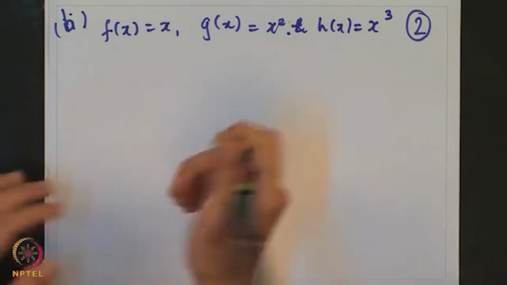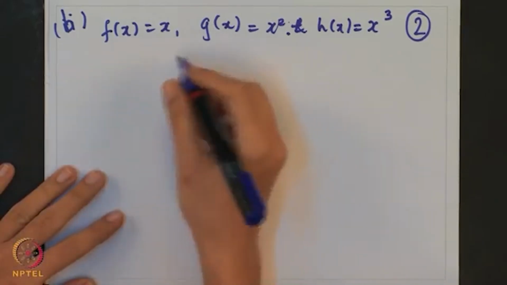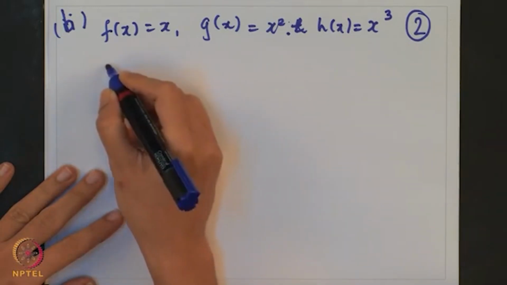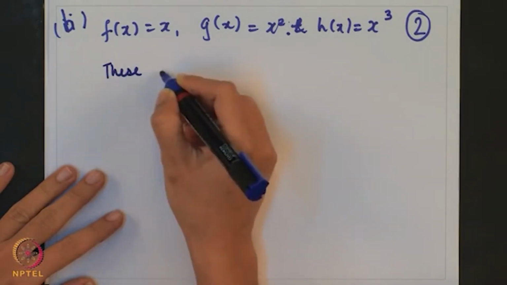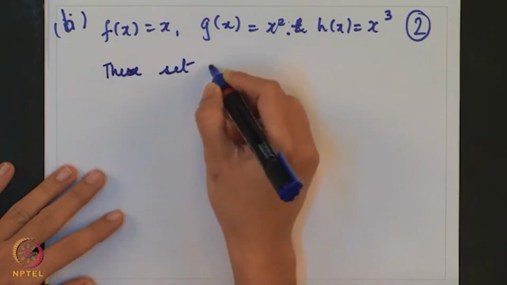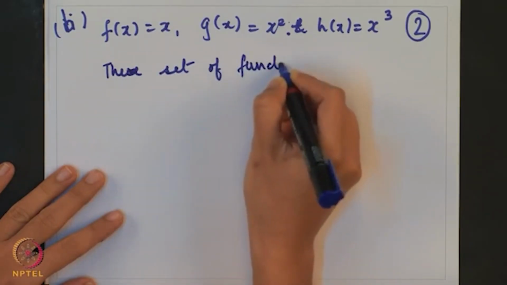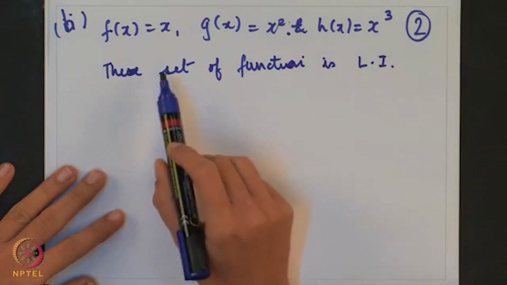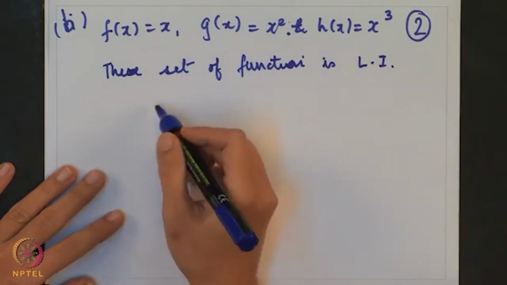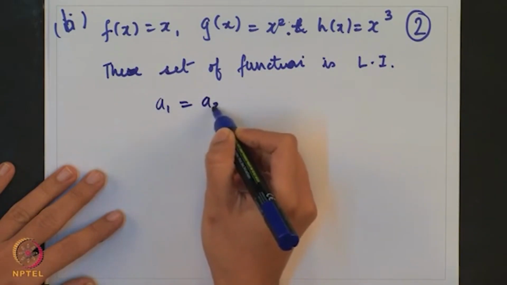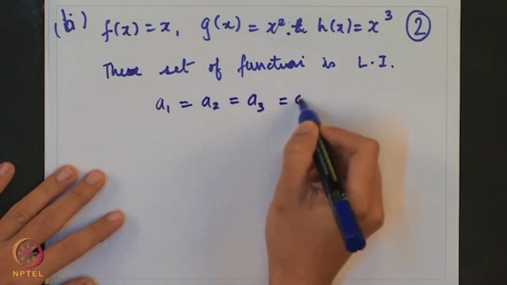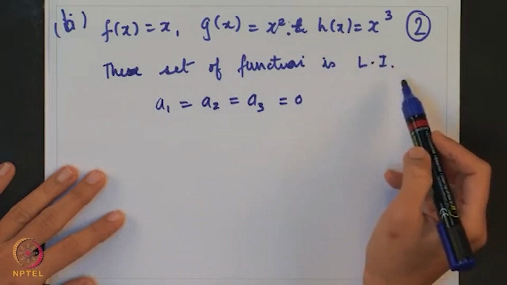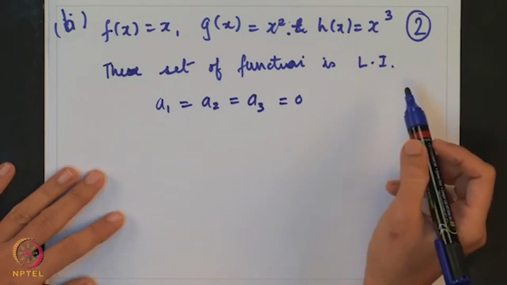Similarly, you will substitute a1 x plus a2 x square plus a3 x cube. It can be seen from here that the set of functions is linearly independent. When a1 is equal to a2 is equal to a3 is equal to 0, this is possible only when all the terms are 0, that means it is linearly independent.